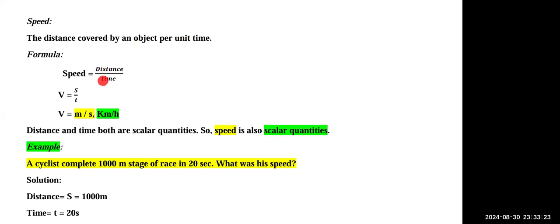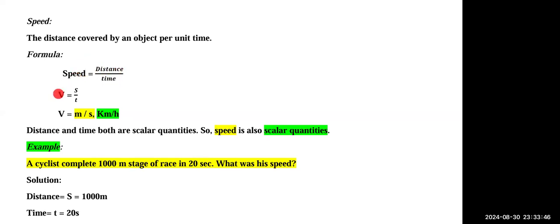It means how much distance your body is covering in a specific time. For example, if your body covers 1 meter distance in 1 second, then your speed will be 1 meter per second. The formula of speed is distance per unit time.